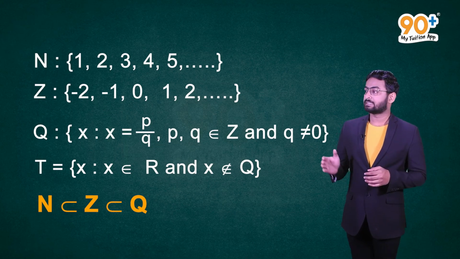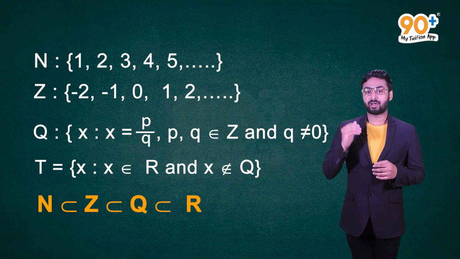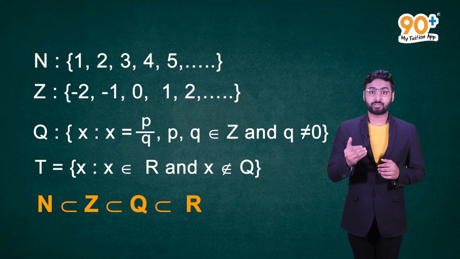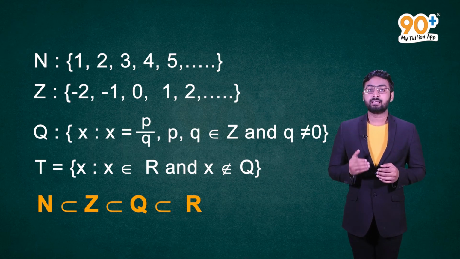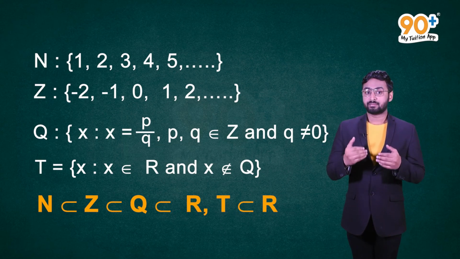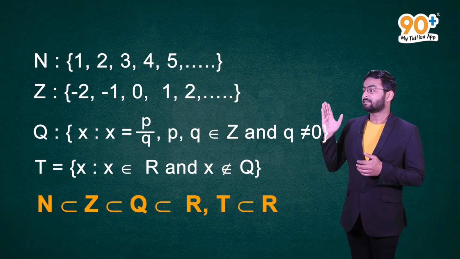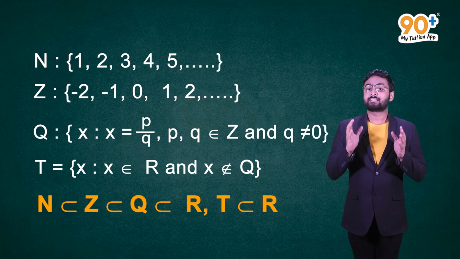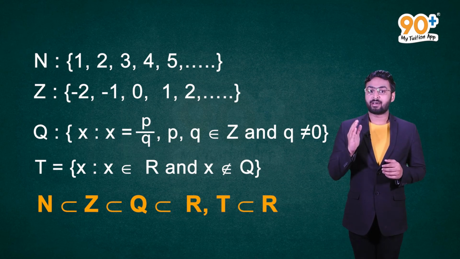So we can write Q is a subset of R. And since the rest of the subsets are not related with irrational numbers, we have to write it separately. That is, T is a subset of R. Therefore, N, Z, Q, and T are the subsets of the set of all real numbers R.